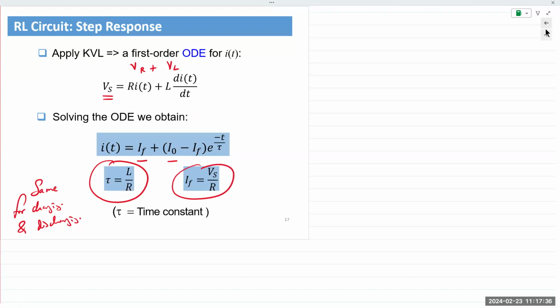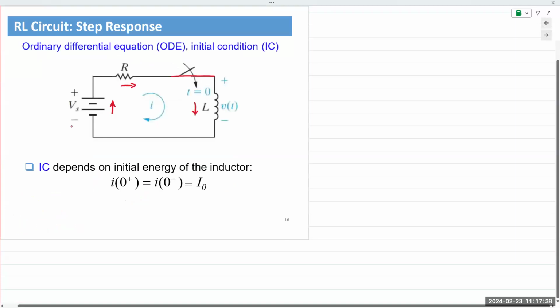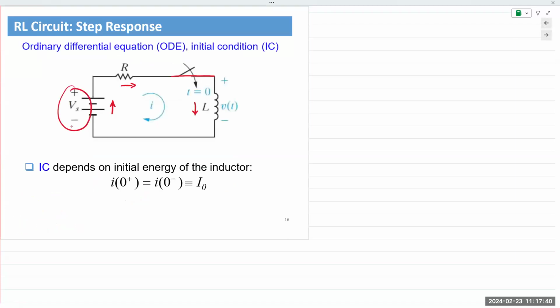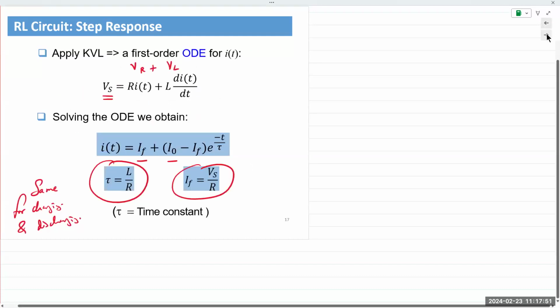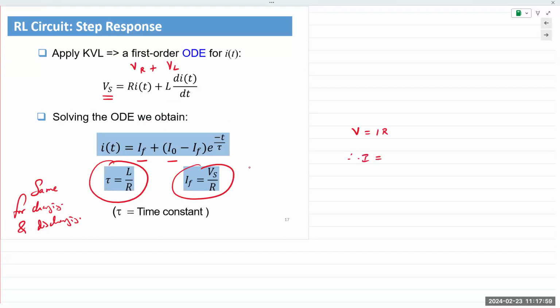This is a voltage source, Vs. But for an inductor, we always write an expression for the current, IL of t. So the final value of the current through that inductor is always given from Ohm's law, V equals IR, and so I equals V over R. Final value is the source voltage Vs divided by R.